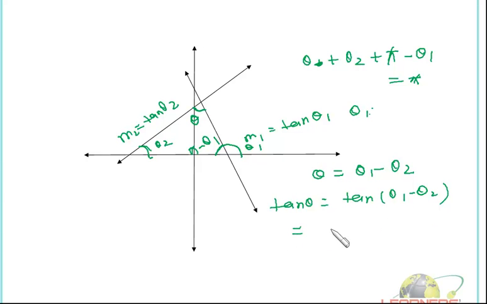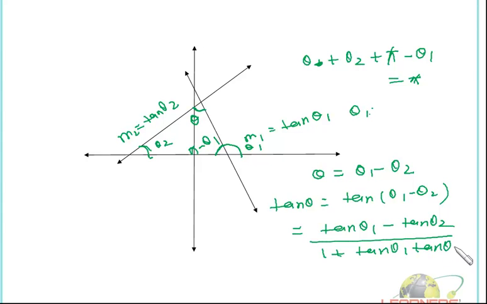Now tan a minus tan b, what will be the formula? tan theta 1 minus tan theta 2 upon 1 plus tan theta 1 tan theta 2. We can write tan theta, that is the angle between the two lines, as m1 minus m2 upon 1 plus m1 m2.